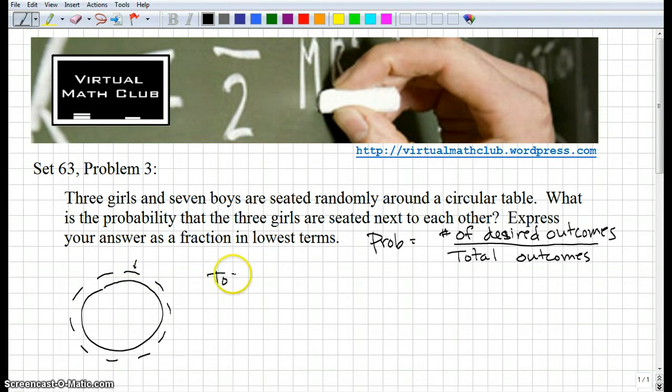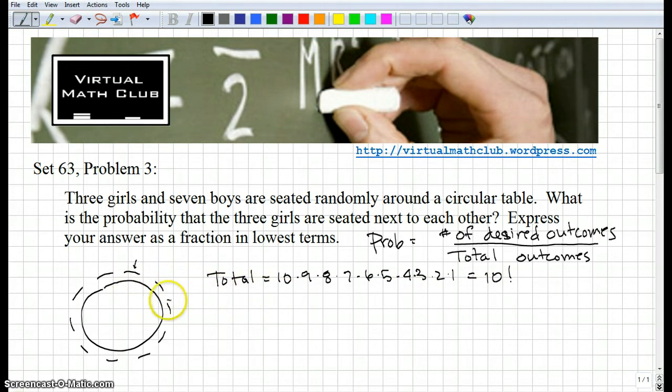So the total number of outcomes possible with no restrictions: 10 choices for the first chair, 9 for the second, 8 for the third, 7, 6, 5, 4, 3, 2, 1. We just multiply that all together, and we write that as 10 factorial. That's just a shorthand way of writing 10 times 9 times 8 times 7 times 6 times 5 times 4 times 3 times 2 times 1. It's a lot easier that way. So that's our total.